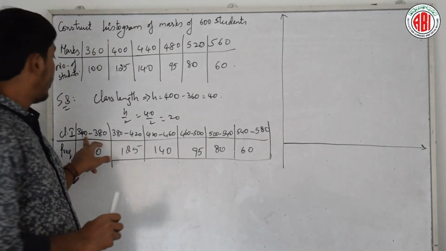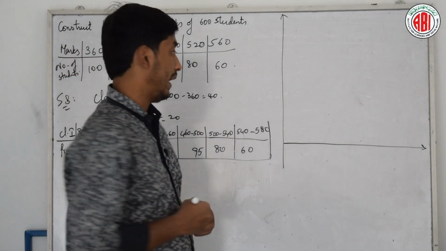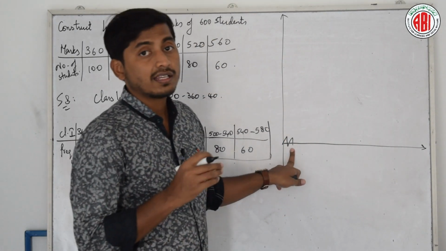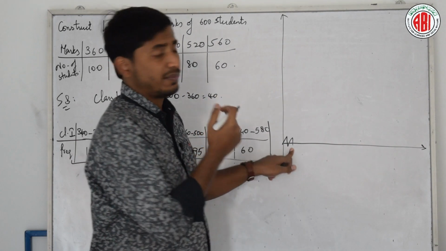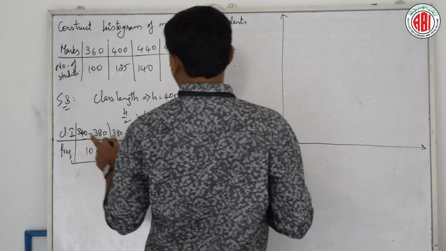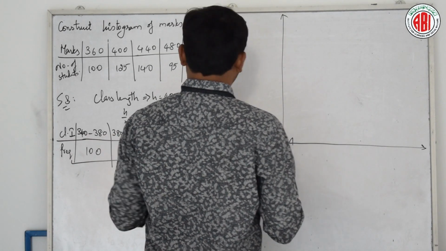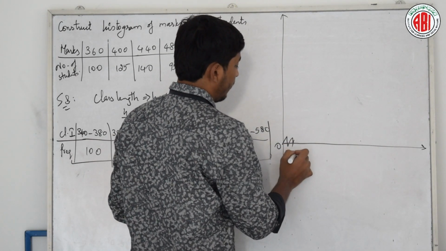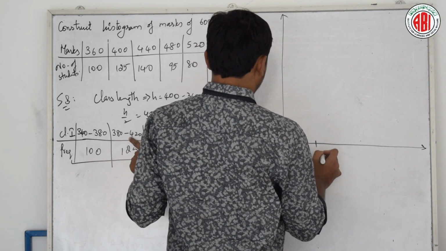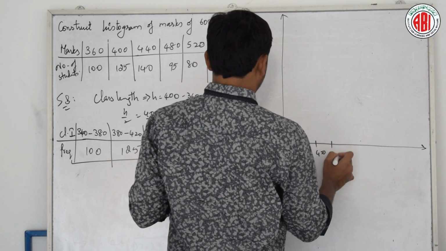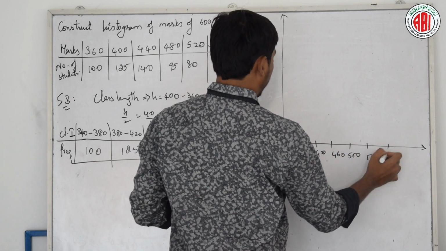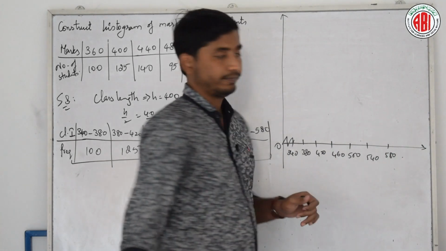Now before 340 there is nothing, so just draw a break like this, which indicates that there are many numbers before it after 0. Let us start from 340, 380 and the next 420, 460, 500, 540 and 580.